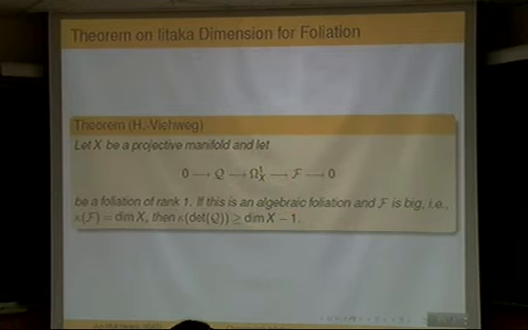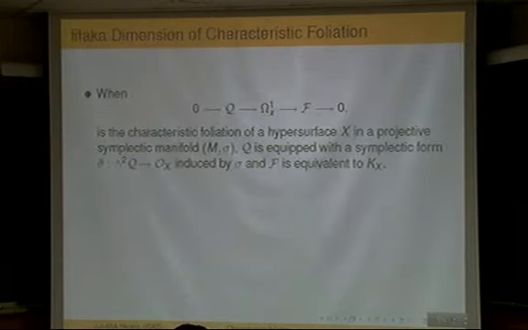And we can see that this implies the other result as follows. So suppose you are given the characteristic foliation of a hypersurface. So you have the sequence given by a hypersurface in a symplectic manifold.